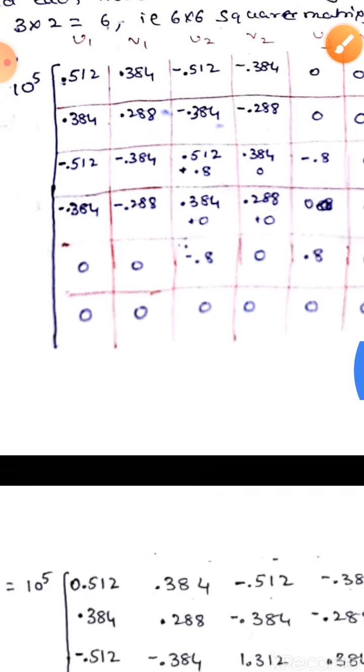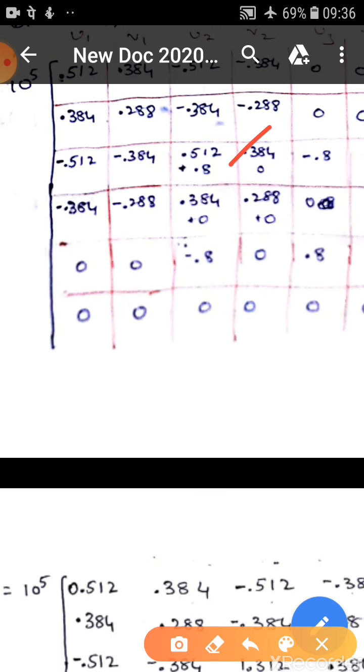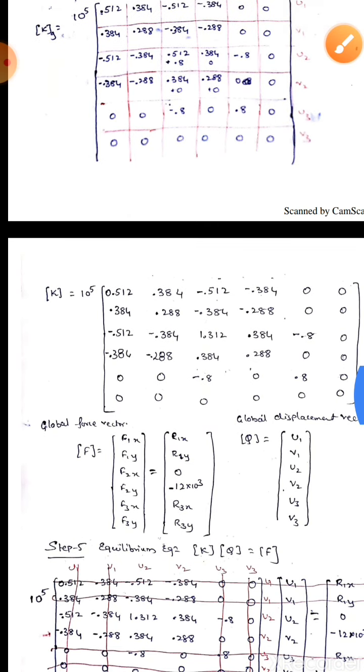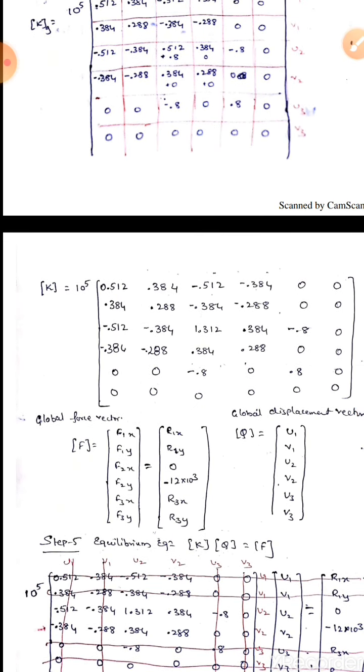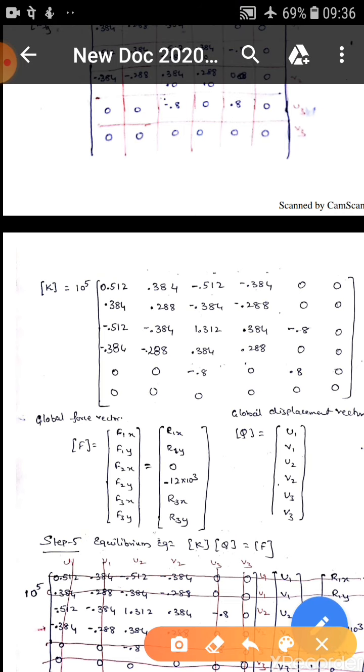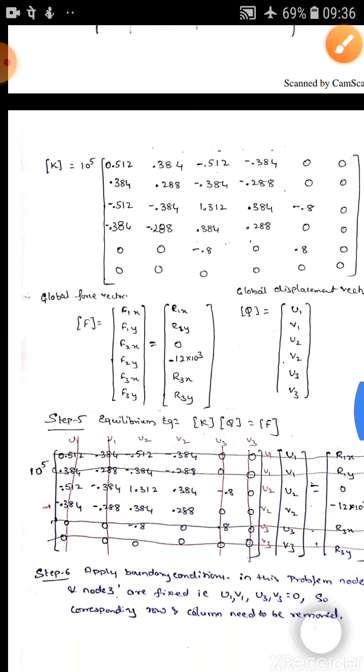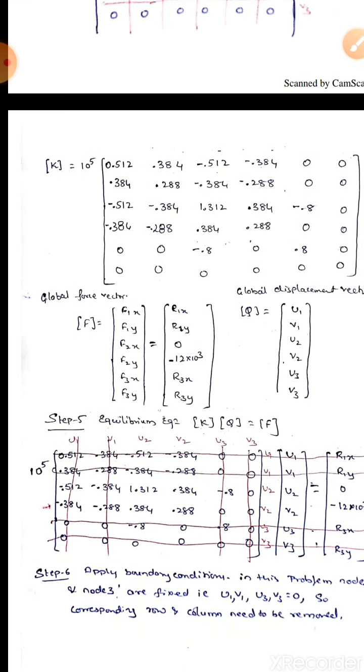You have to add those algebraically in this cell, 0.512 plus 0.8. Similarly refer to all the cells and fill this global stiffness matrix. After filling it, I have added those values, and you will end up with the global stiffness matrix K.